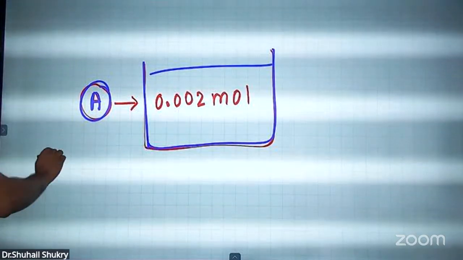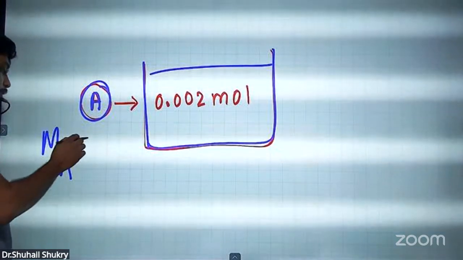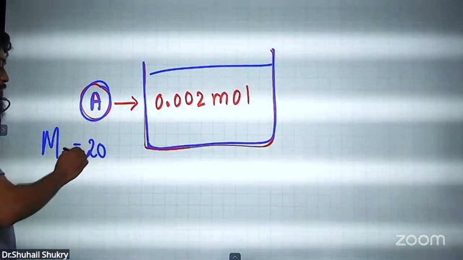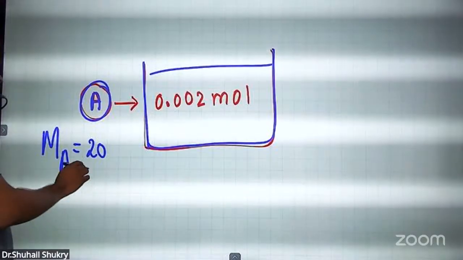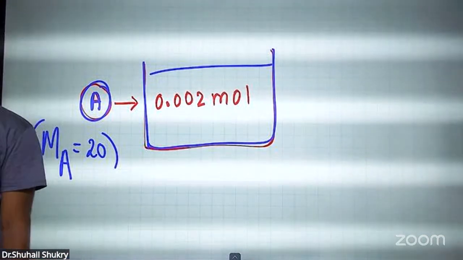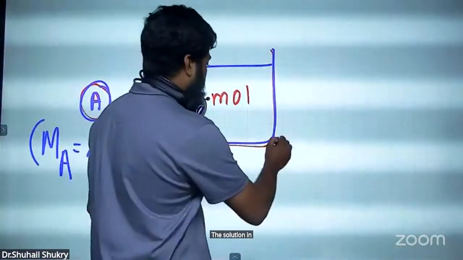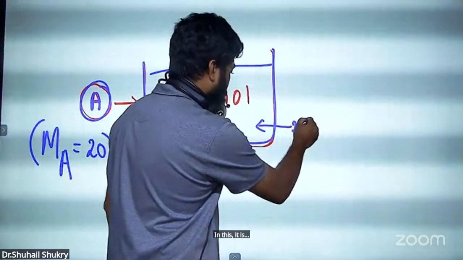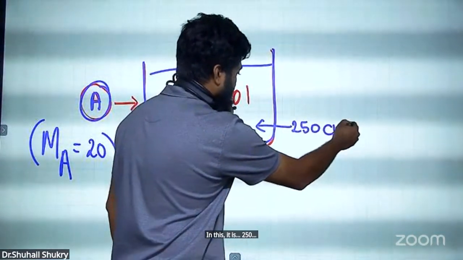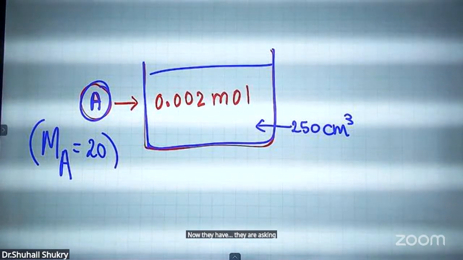They have given A's molar mass, capital MA, as 20. It means the molar mass of A is 20. They have given the amount of solution as 250 cubic centimeter. Now they are asking for the ppm of A.